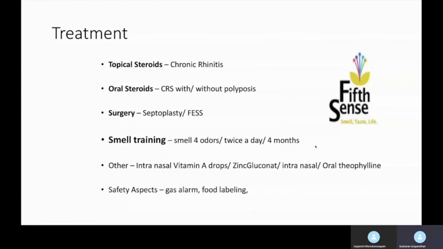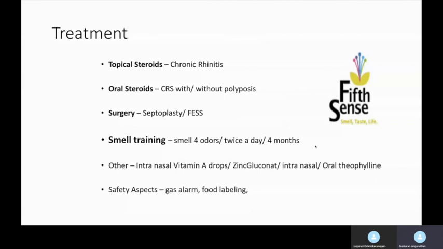Various other treatments have been tried. Among them, I think smell training seems to have shown some evidence of improvement with the symptoms. This is available on the Fifth Sense website. All they have to do is buy odor oils, choose 4 odors, and smell them at least twice a day for a period of 4 months.